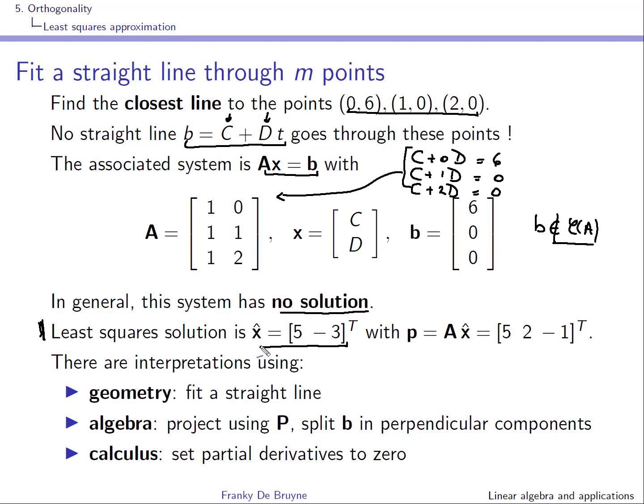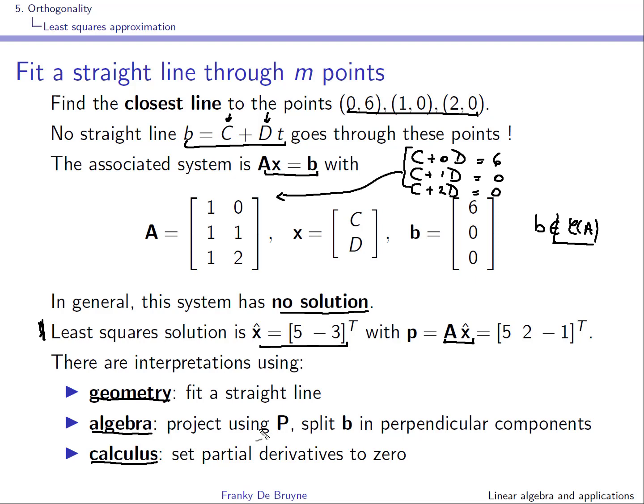I will come back to this later on, and the projection, that is simply A times x hat, and we'll obtain x hat using 3 different interpretations: a geometrical interpretation, an algebraic interpretation, and a calculus interpretation. So in geometry, we'll really fit a straight line through these 3 points.